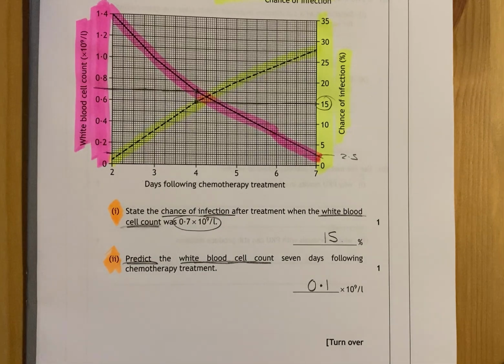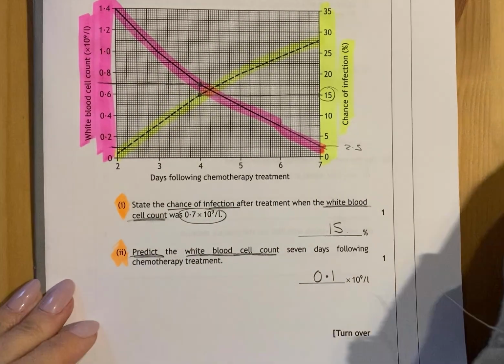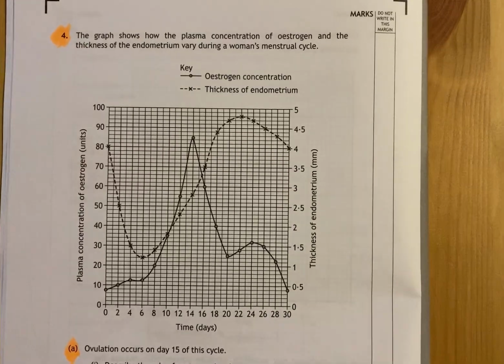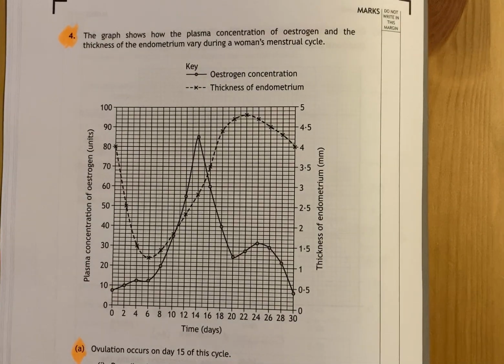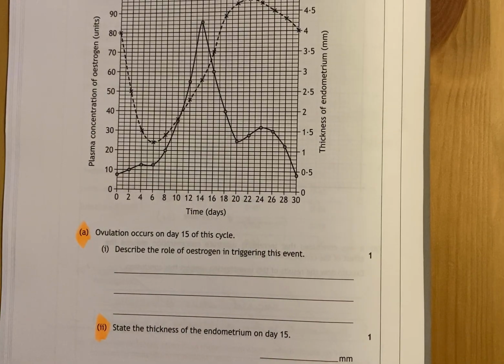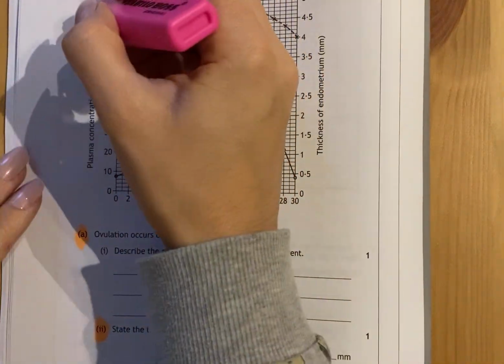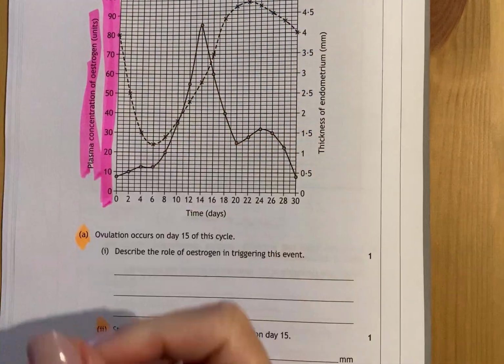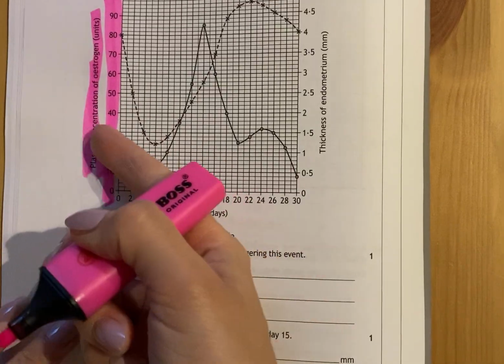The next question I'm going to cover is question 4. This will be the last one, you'll be glad to know. This is another double y-axis graph. Now, I'm not going to do the first part of this question, which is describing the role of estrogen, because that's part Unit 2 knowledge. So all I'm going to do is the same as what we've done before, which is highlight these y-axis sides. Plasma concentration is on this side, and it's plasma concentration of estrogen.